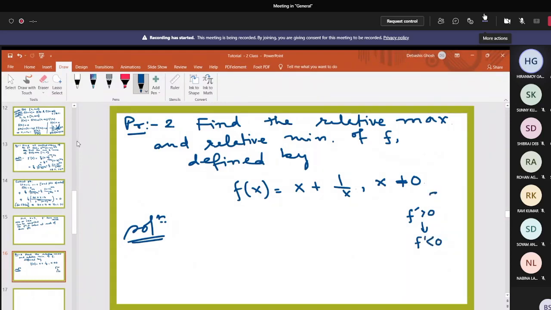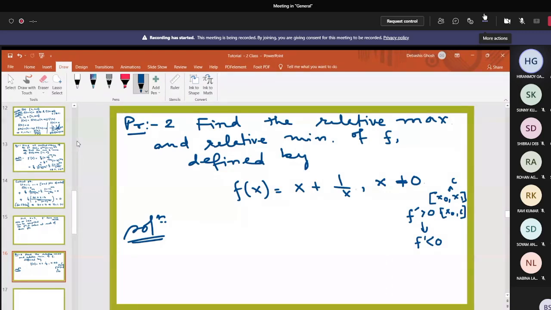Suppose you have an interval from x0 to x1, and in between you have a point C. Then from x0 to C, f dash is positive and from C to x1 it is negative. Then we can say that at the point C the function has its maximum. If the reverse happens, that is, f dash is less than 0 between x0 and C, and f dash is greater than 0 between C and x1, then it has its local minimum.